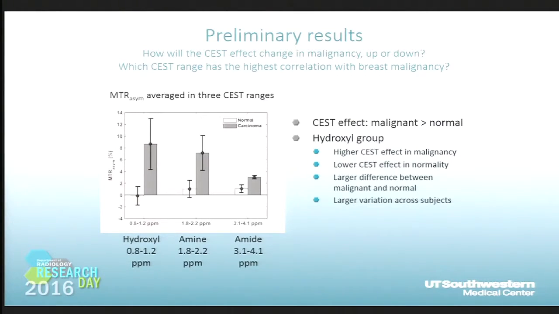And for the hydroxyl and amine groups, the variations in the malignant tissue are larger than in the normal tissue. But right now we did not explore how much variation we expect. This is a pilot study just to see whether this method can differentiate between the malignant and the normal.